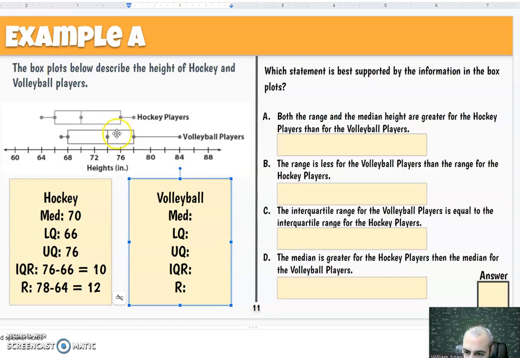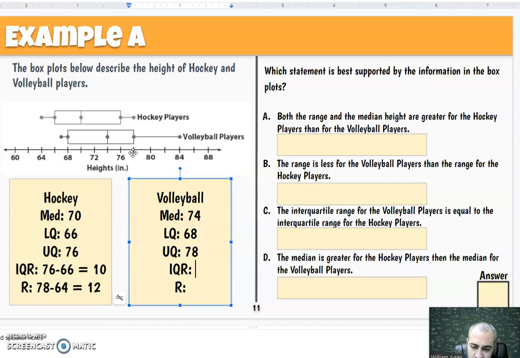Okay, so for volleyball, the median is right here. It's between 72 and 76. That's going to be 74. The lower quartile is the left side of the box, right there at 68. The upper quartile is right here between 76 and 80. That's going to have to be 78.